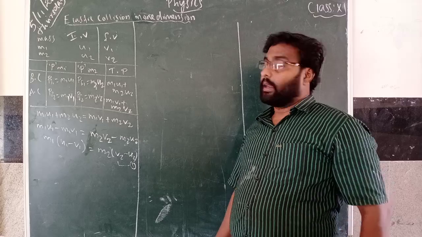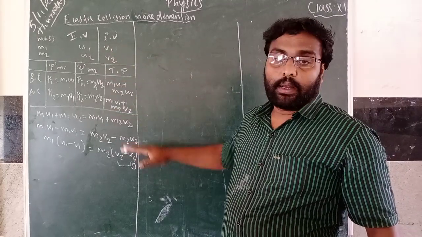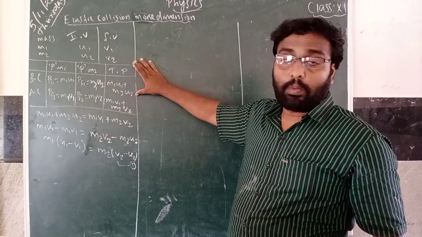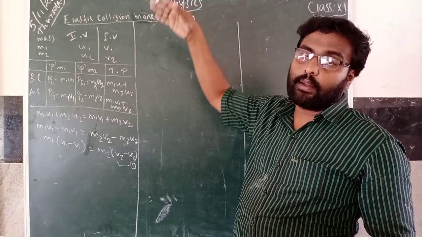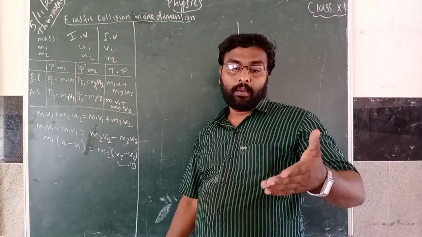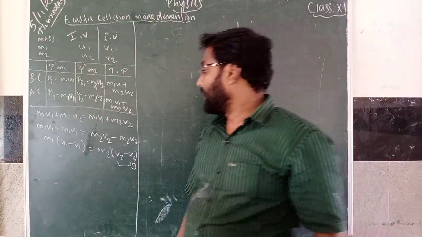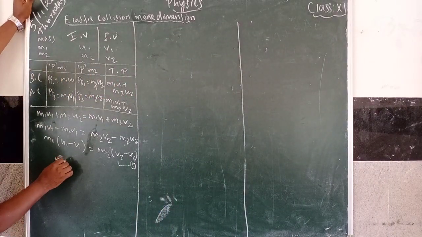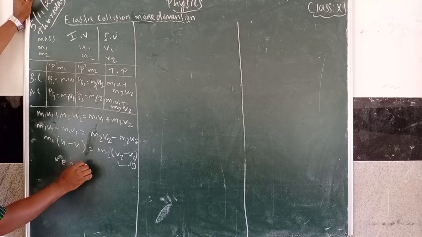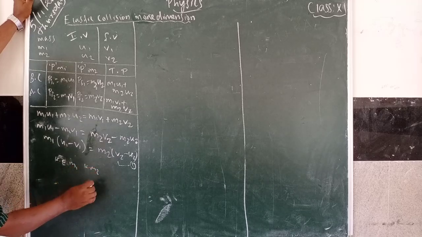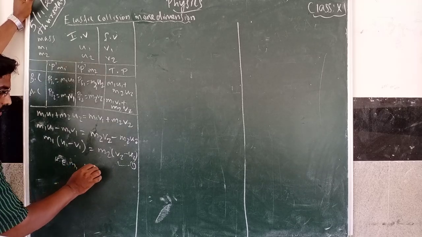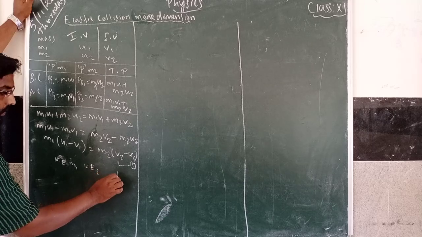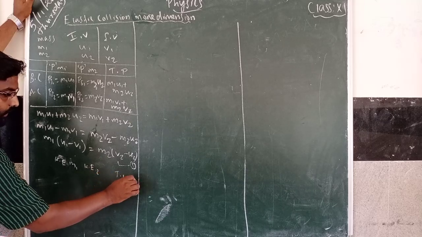For the next equation, you have to draw another table like this. This was for momentum; next is the table for kinetic energy. Before collision and after collision, the kinetic energy of mass 1, the kinetic energy of mass 2, then the total kinetic energy.